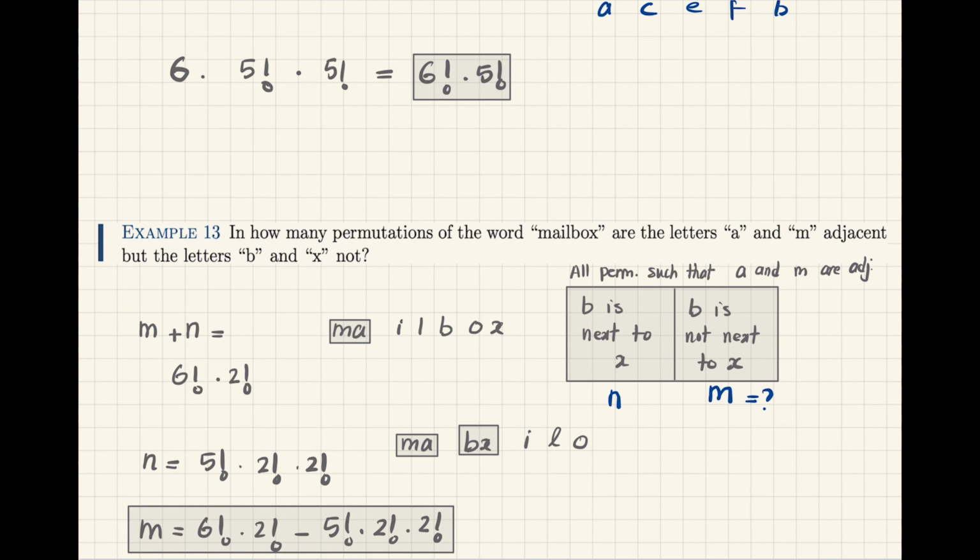But if you want, you can calculate that 6 factorial is 720, so it is 1440 minus 480. How much is that? It's 960. So there are 960 permutations of the word mailbox such that the letters A and M are adjacent, whereas the letters B and X are not.